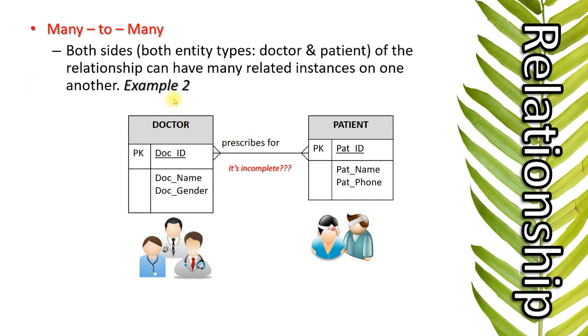Many instances from the doctor entity type are related to many instances of the patient entity type. Or we can say it this way: a doctor prescribes for many patients, while a patient is prescribed by many doctors. It is a many-to-many relationship.